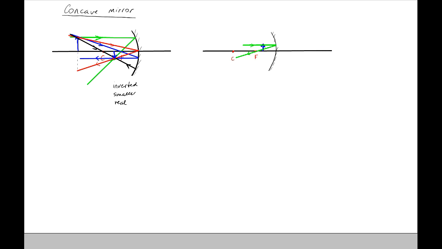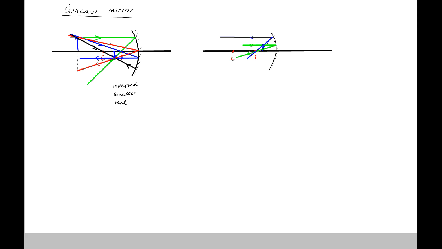So it has to go this way and then reflect back parallel to the principal axis. So that's about like that. Let me put arrows on that. So this is the incident beam and that is the reflected beam. I won't draw the rest of the beams because the image gets too cluttered.